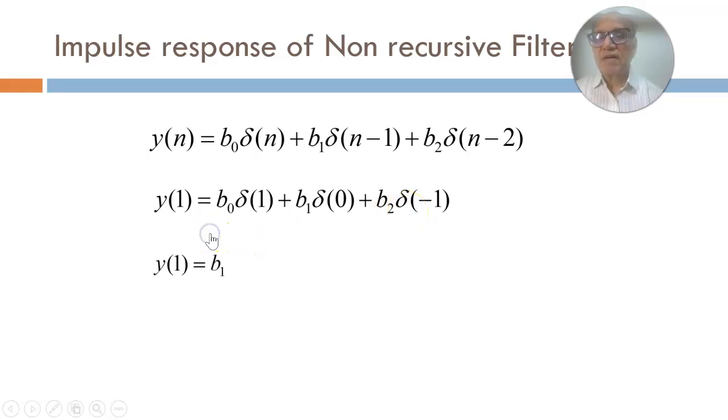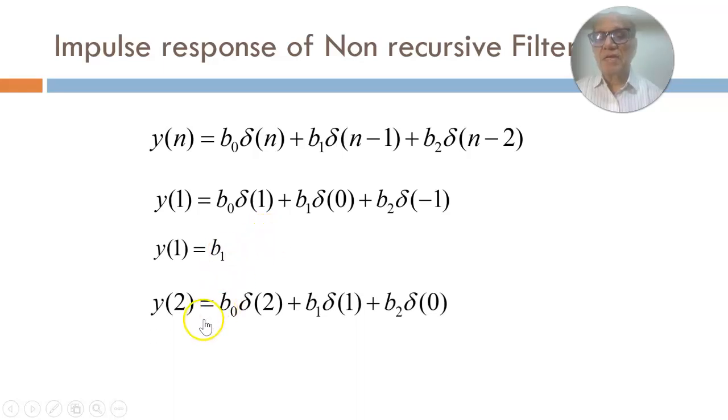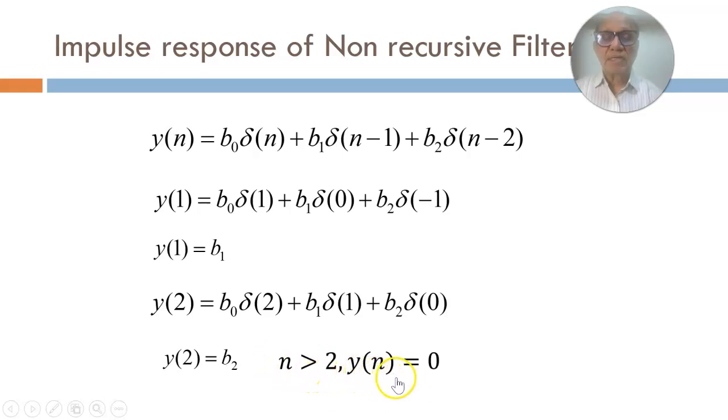So in this case y[1] will be equal to b1. Similarly, you are able to show that y[2] will be equal to b2. And once n exceeds 2, it's easy to show that y[n] will be equal to 0. You can try it out yourself, because you will not get the term delta[0] at all. So you'll get y[n] equal to 0.